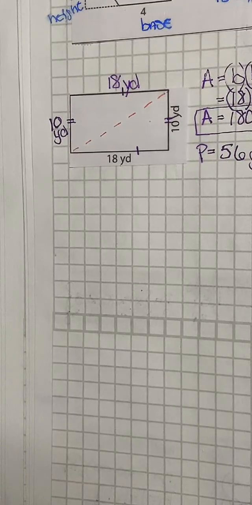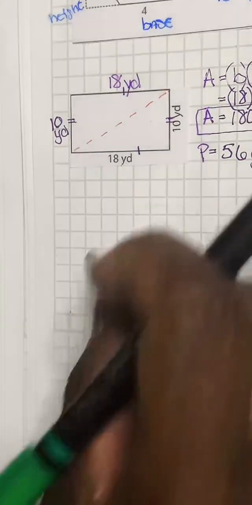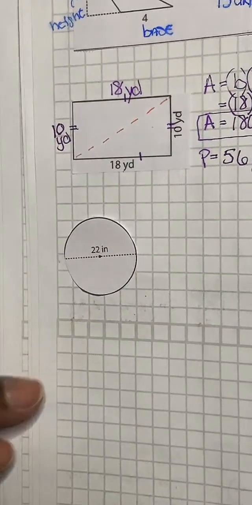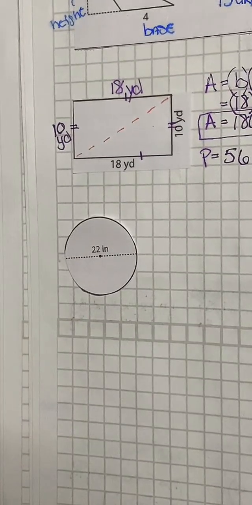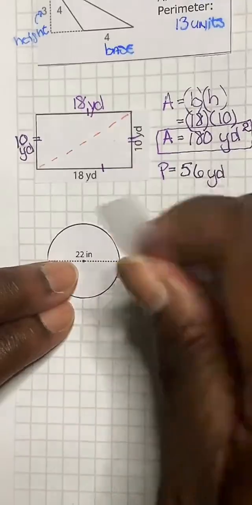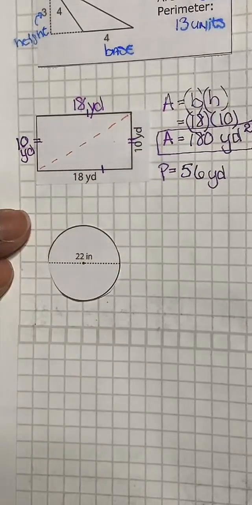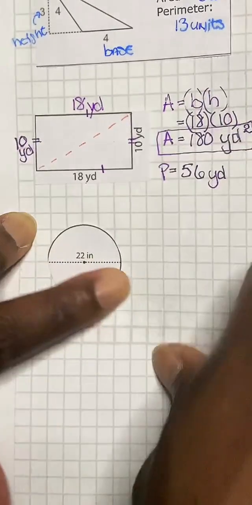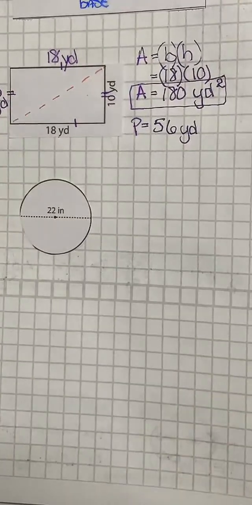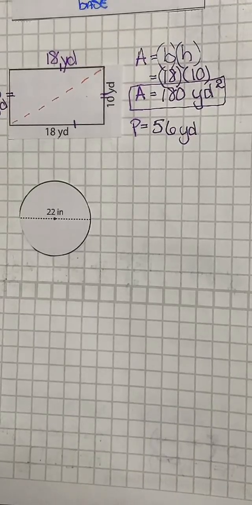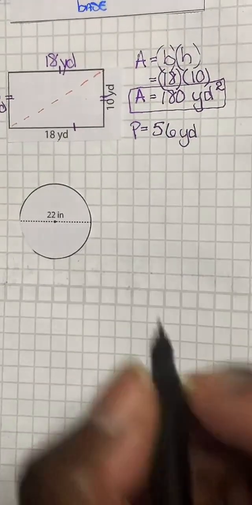All right. Okay, couple more. So now let's talk about this circle. All right, so just gonna cut right here and right here. So we have a diameter. So instead of perimeter, we're calling it the circumference.